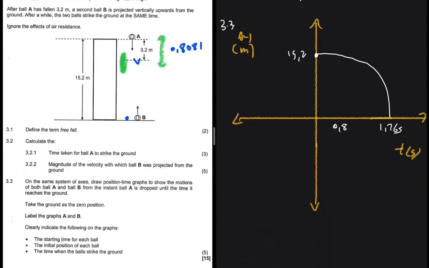Yeah, that is the time at which it is projected. And then it goes up to its maximum height, which is less than that of ball A. Yeah, it's easy to see. But then they strike the ground at the same time. So I think we should have something like this.